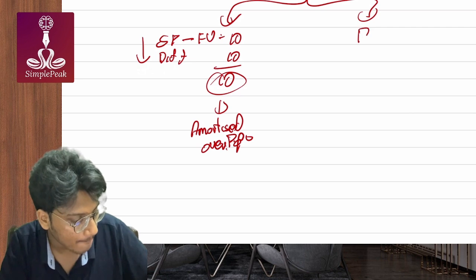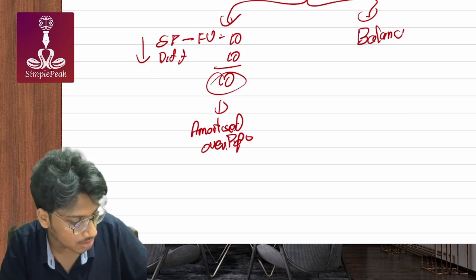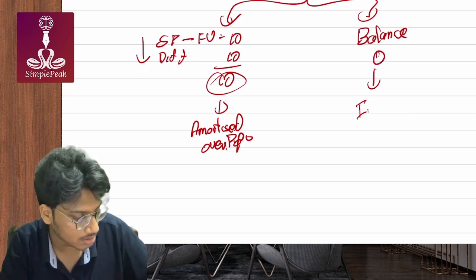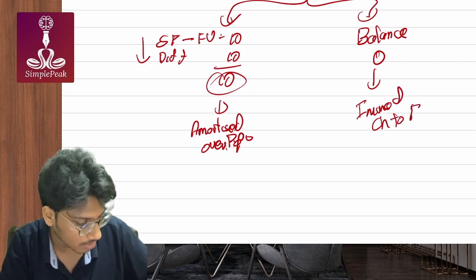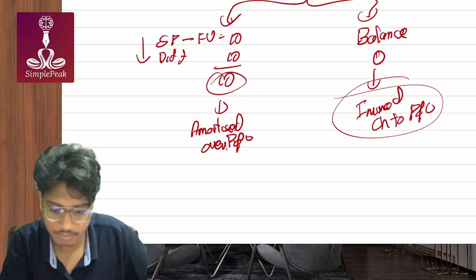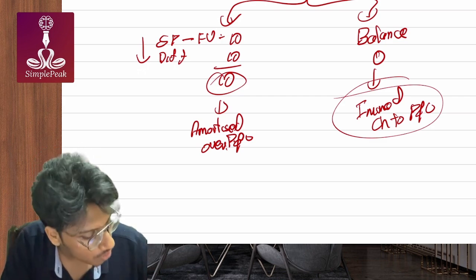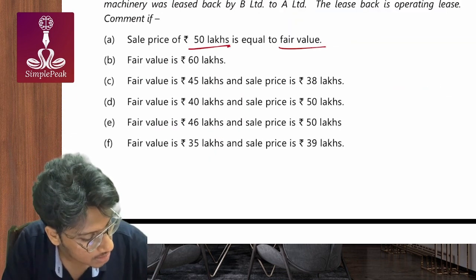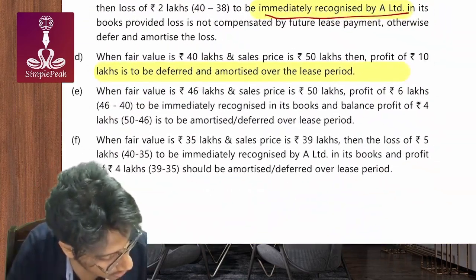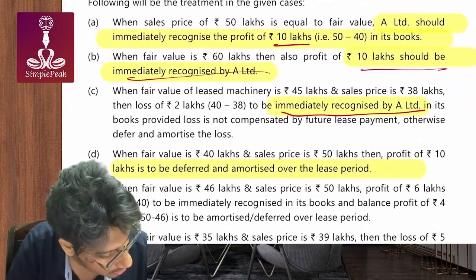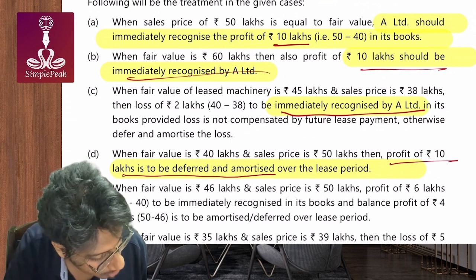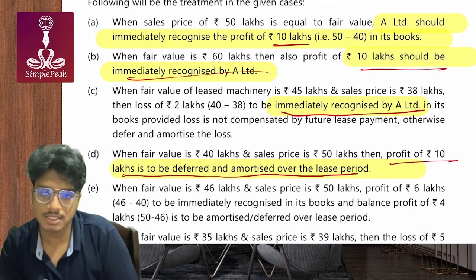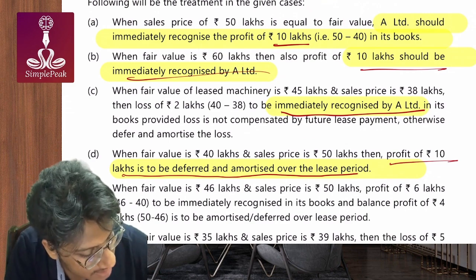Balance is 0, so nothing is immediately charged to P&L. Nothing is there, so forget about it. I hope that's clear. So when you check with that, the profit of 10 lakh needs to be deferred or amortized over the lease term. That's what it said. Okay, now let's move ahead with the next part.